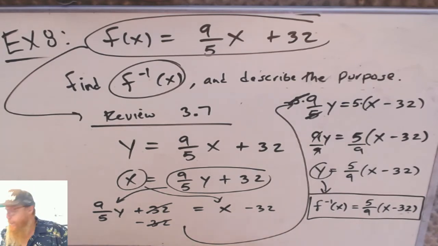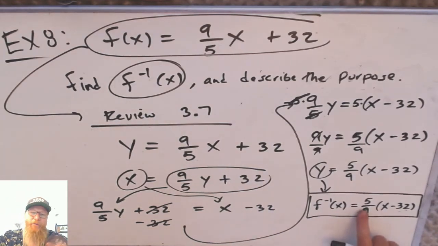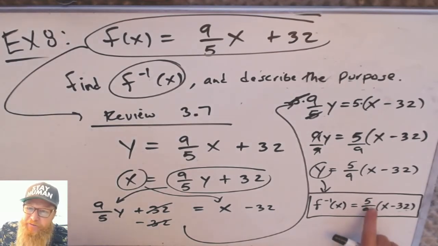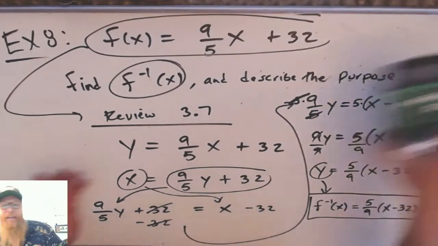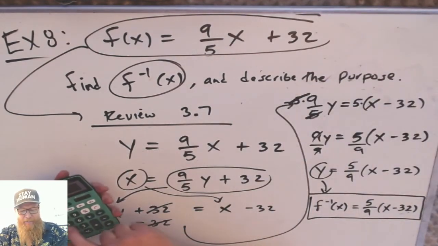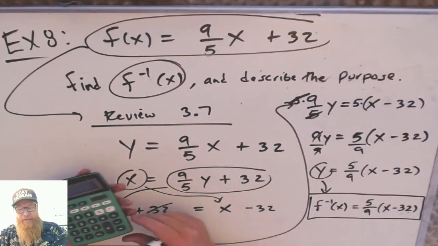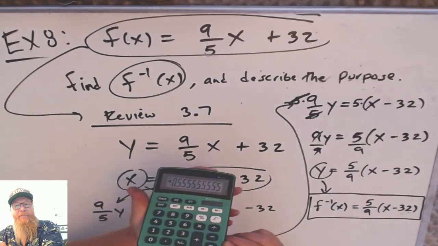Another reason why I try to avoid the decimals, although they are legal, is 5/9 is 0.5555555. Have you ever done that on the calculator, played around with the calculator when you were a kid? Look what happens.